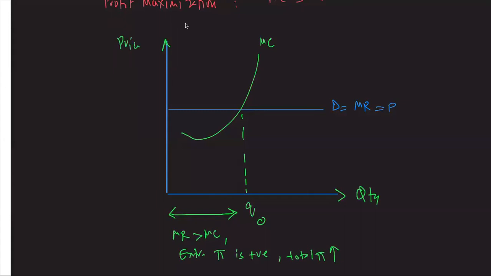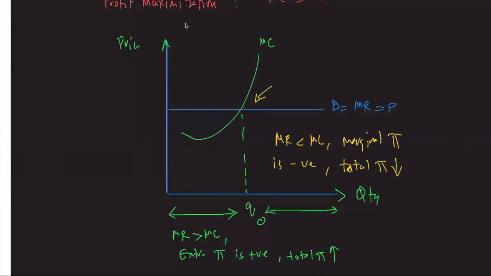But after Q naught, MR is less than MC, or marginal profit is negative, and that's why total profit falls. But at this point, MC equals MR, your total profit is maximum.